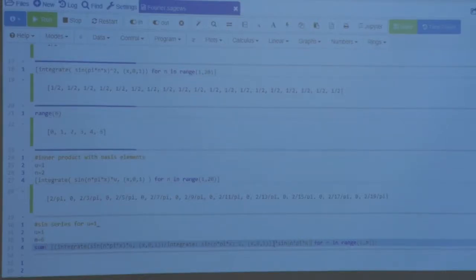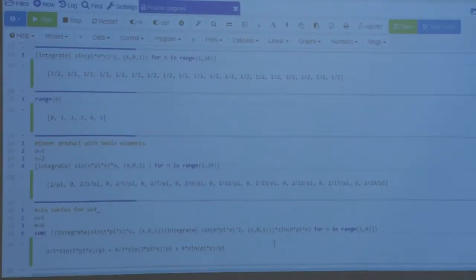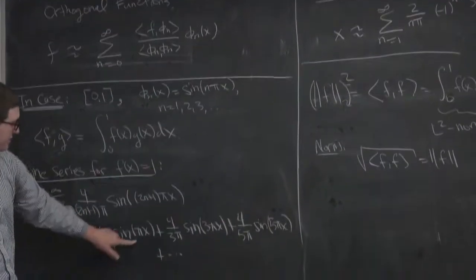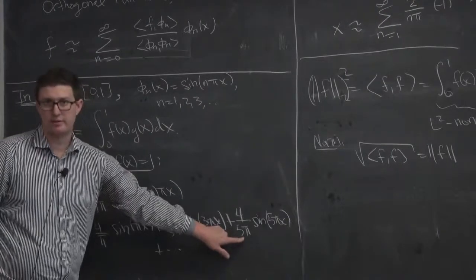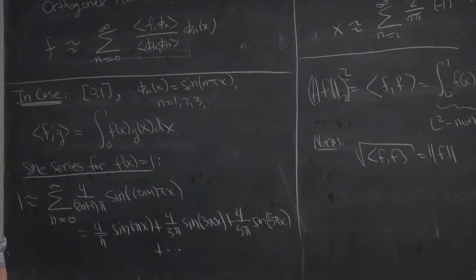This should return the first couple terms of our series here. So this is 4 divided by pi sine n pi x, right? This is the next term here, and this is the next term here. Okay, so these are our terms for this series.